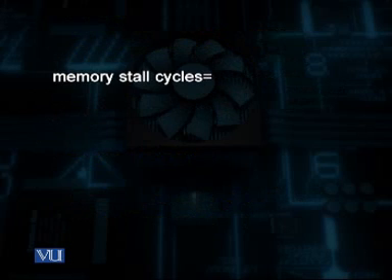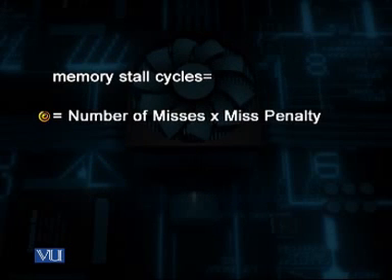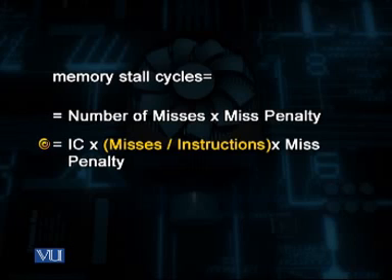Here the memory stall cycles are equal to the number of misses multiplied by the miss penalty, which can be written as instruction count multiplied by number of misses per instruction multiplied by the miss penalty, where the misses per instruction can be expressed as the memory accesses per instruction multiplied by the miss rate.